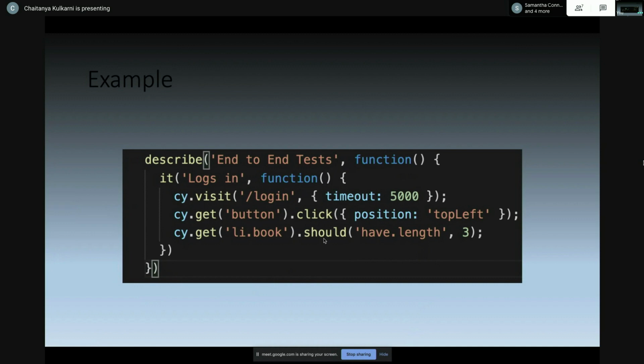So if I am looking for a certain element, and if I'm looking for a text within that element, I would just say should have.text. So this is all easily accessible. You don't have to add any more libraries or any more npm packages to your project.